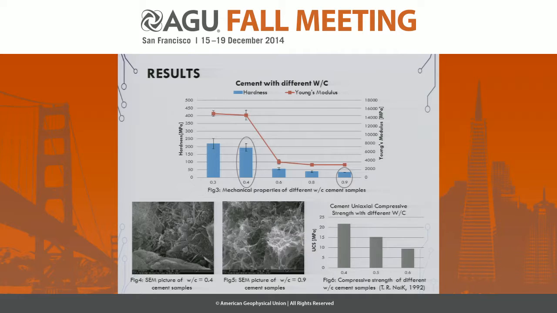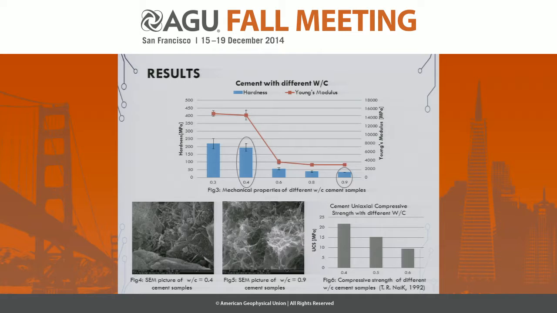The last picture here is the compressive strength of cement with different water cement ratios, done by T.R. Knight in 1992. We can see the compressive strength actually has the same trend as the hardness.